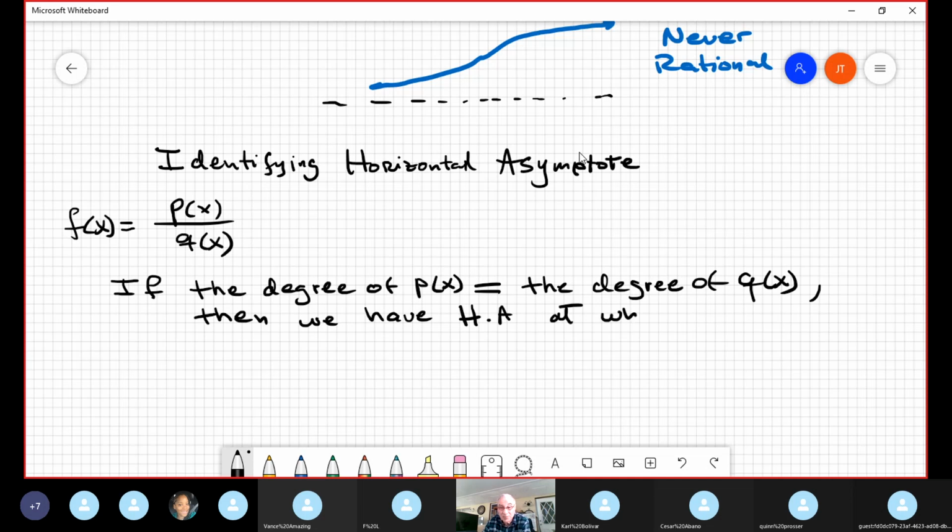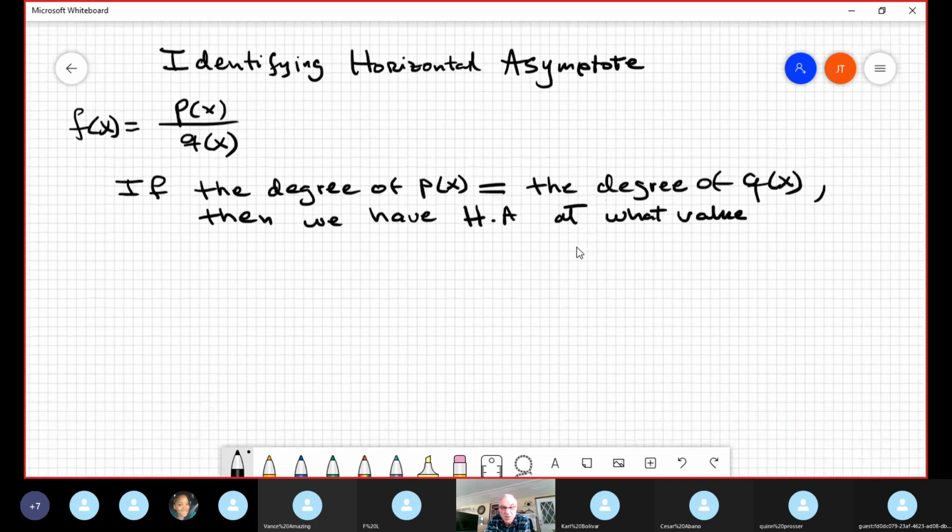At what value? Okay, let me explain using an example. The clue to identify whether we have a horizontal asymptote or not is the degree. Suppose this example, example number 3. Suppose the function g is equal to 7x squared plus 2x over 4x squared plus something.